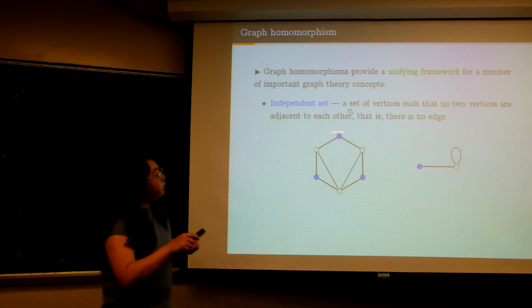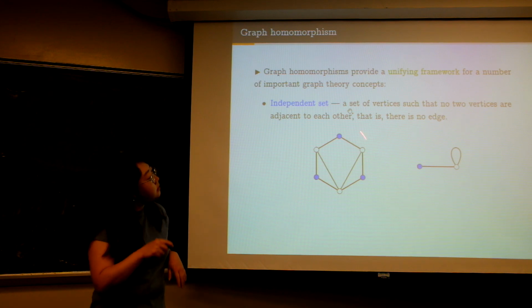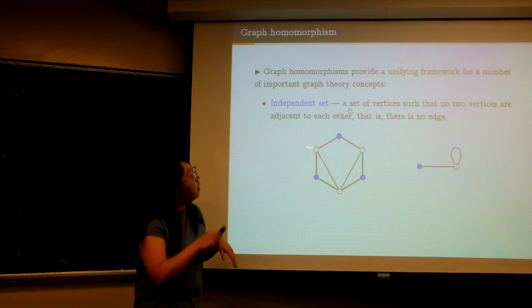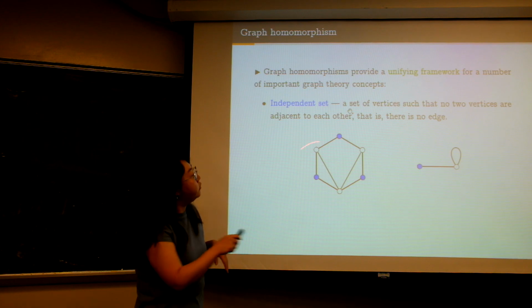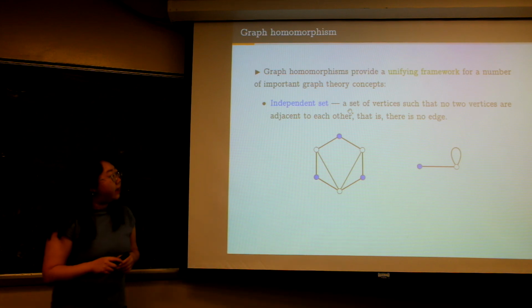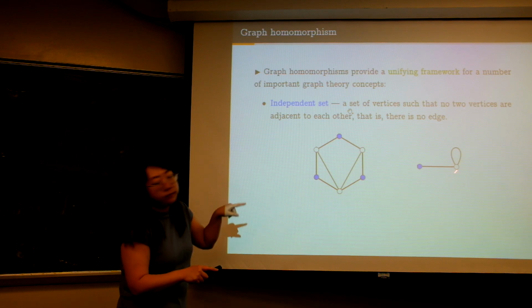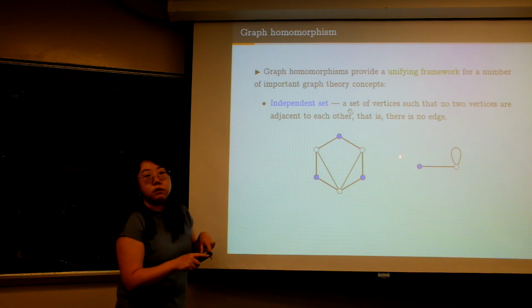Now, if we look at this picture, the blue vertices form an independent set because there is no edge between them. But this also defines a graph homomorphism from this graph to the right picture, which is an edge with one loop. You can quickly check: we do have edges between blue and white vertices, we do have edges between the white vertices, but there's no edge between the blue vertices.